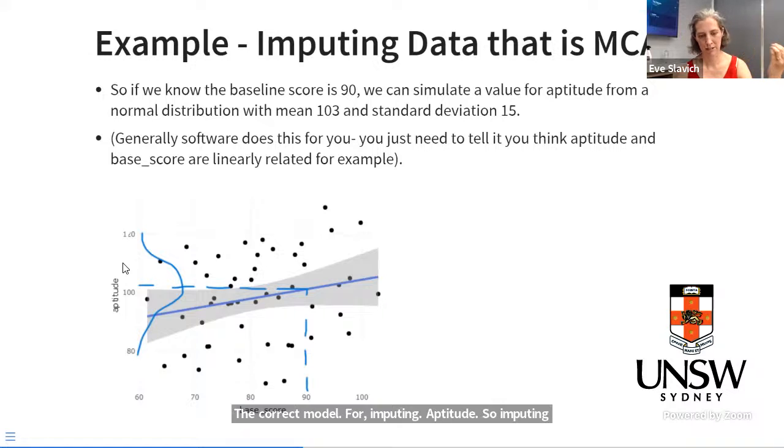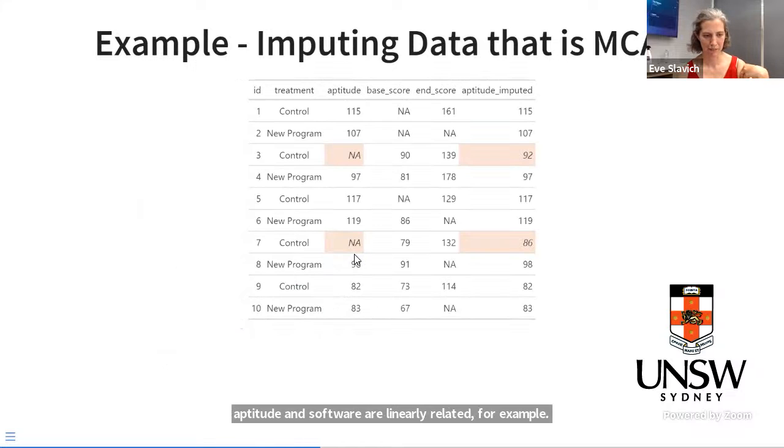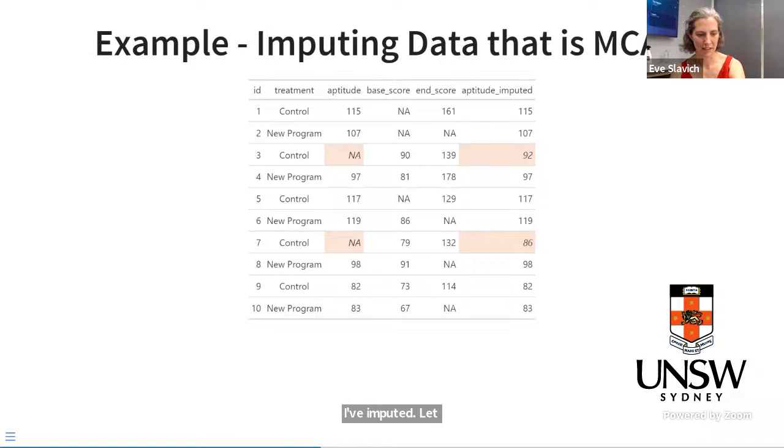So you'll need to tell the software that you think aptitude and software are linearly related, for example, and then it will simulate some values for you. So here I've imputed the missing values of aptitude for these different values, and I've used the base score as the thing to impute from.